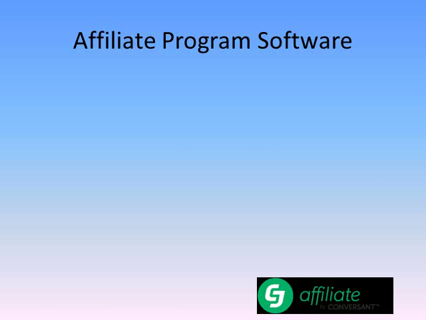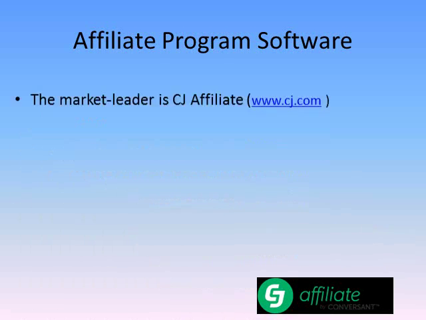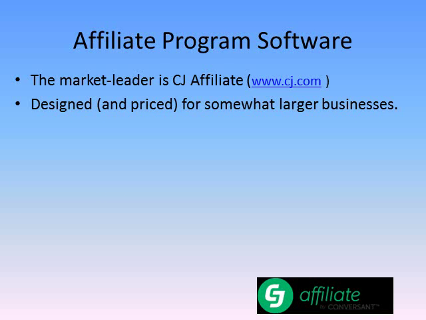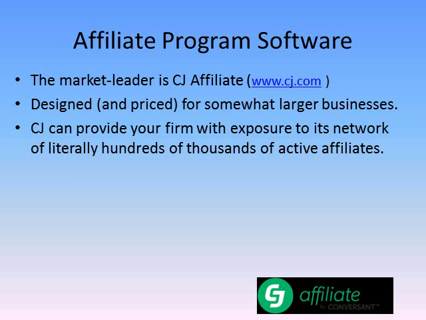Another example of affiliate program software is called CJ Affiliate. It used to be called Commission Junction, but it was acquired by another firm and they changed its name to CJ Affiliate. You can go to this web address to take a look at it, and it's designed, by the way, priced for somewhat larger businesses, but it can provide your firm with exposure to its network of literally hundreds of thousands of active affiliates.